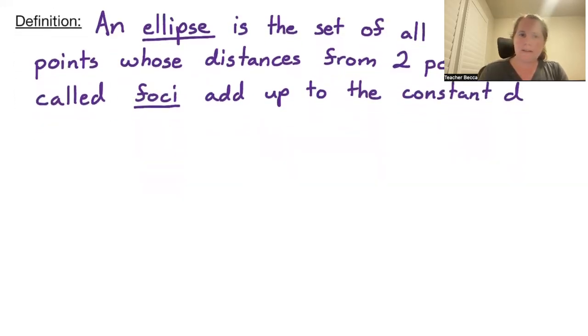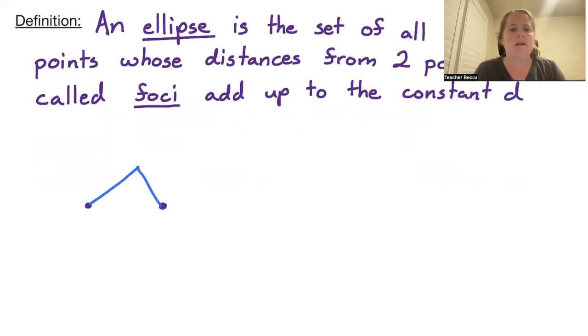So essentially, if we have 2 points, which are foci, then you can imagine a string that is attached to the 2 foci. And the string has length d. I'll pull that string taut so it makes a corner.